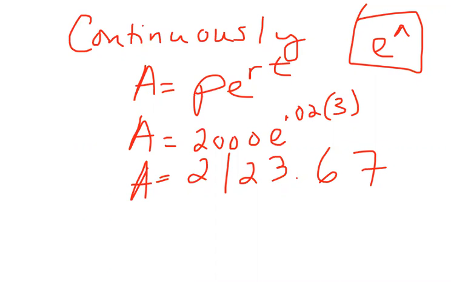All right, so now here's the big question. For those of you looking at this and saying, you know what, that's $2,000 in 3 years, that's not enough money for me. So the big question for you guys is this: is there a way I can invest this money into something else and make more than $2,123.67? Is there a way for me to make more than that, guys?